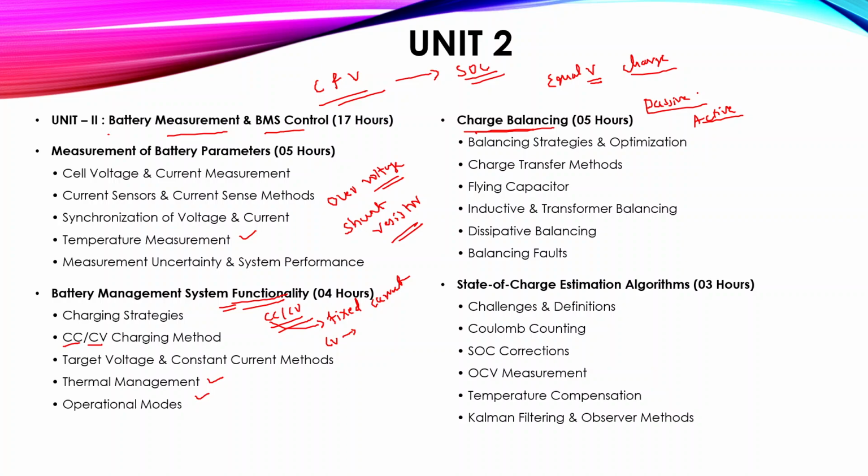In passive balancing, excess energy is dissipated as heat. We need an external circuit in passive balancing. In active balancing, energy is transferred. If I take three different cells, energy is transferred from the higher charge cell to the lower charge cell using capacitors, inductors, or transformers.